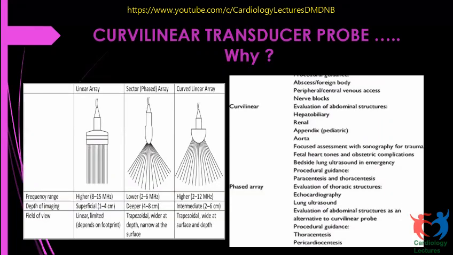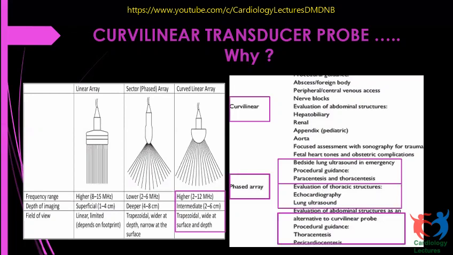This slide shows the linear array, the phased array, and the curved linear array transducers. They will give you an intermediate depth, and the linear probes are very good for bedside lung ultrasound in emergency, procedural guidance, paracentesis, lung ultrasound, and for thoracentesis and cardiocentesis.